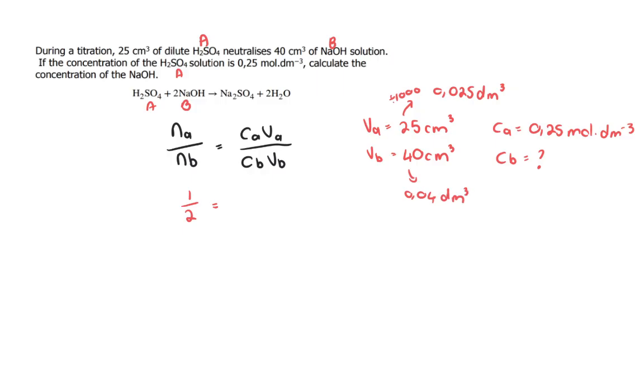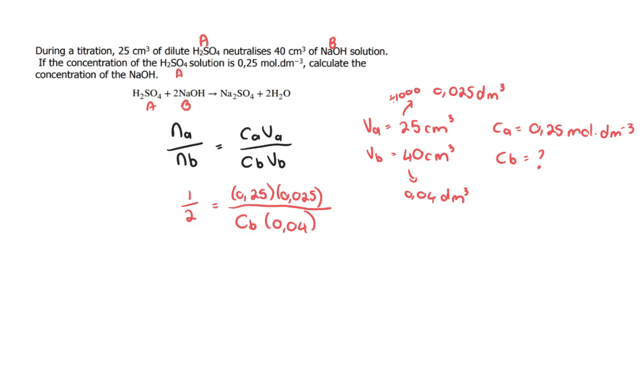So that's what I put in my equation. So the concentration of my acid is 0.25 times its volume is 0.025. The concentration of the base is the one I want, so I leave that as my unknown, and my volume is there. So you can solve this in many different ways.